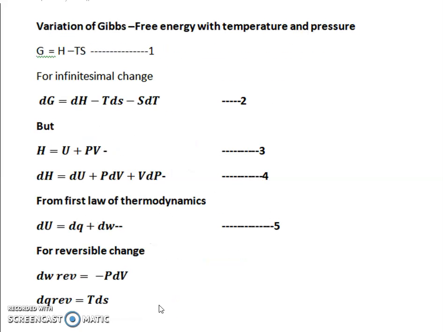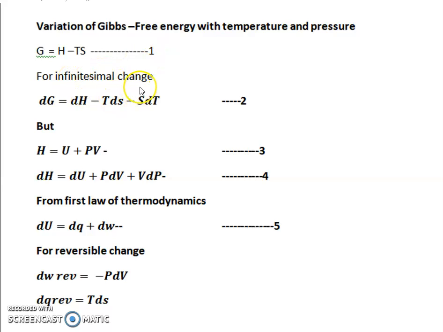The next point we will see is the variation of Gibbs free energy with temperature and pressure. Firstly, you know that the free energy G is equal to H minus TS, equation 1.